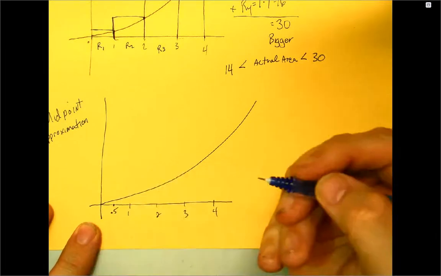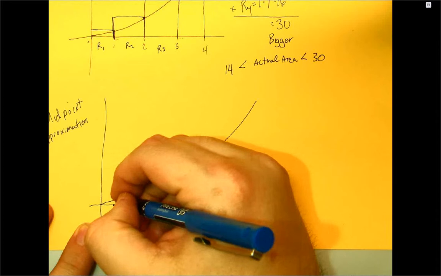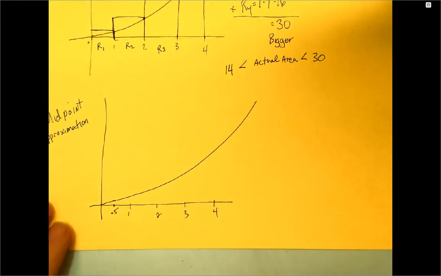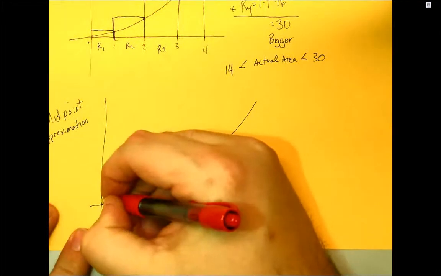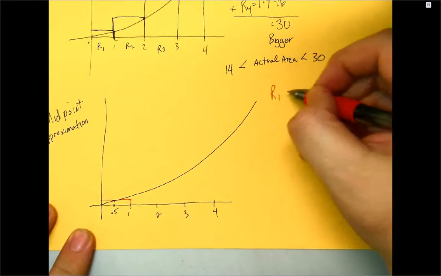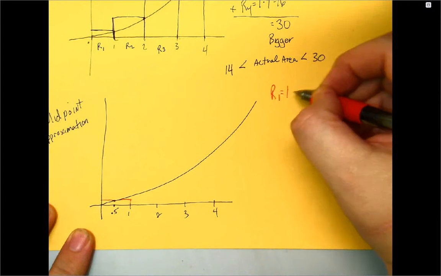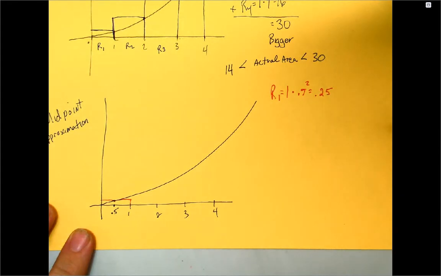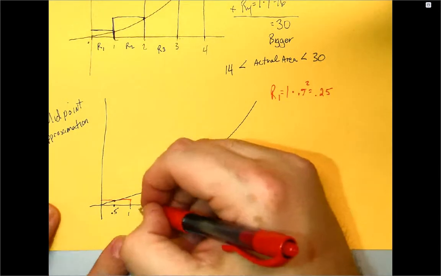So this rectangle would be right here. And for rectangle 1, width is 1 times 0.5 squared, which is 0.25. Now, what is the midpoint between 1 and 2? 1.5.